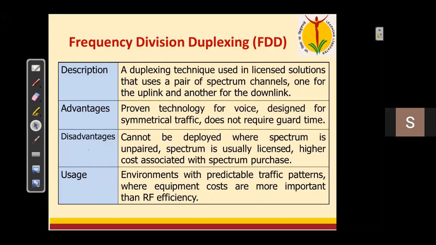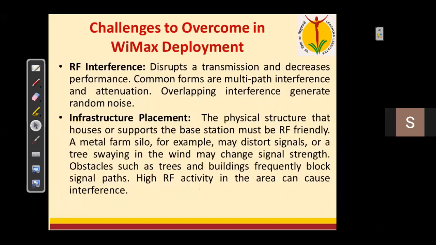Here we don't have two antennas paired with each other, so it is an unpaired technology, and the spectrum we are using should be licensed. What it restricts is that the traffic in that particular cell decides the complexity of the system, which may increase its cost.